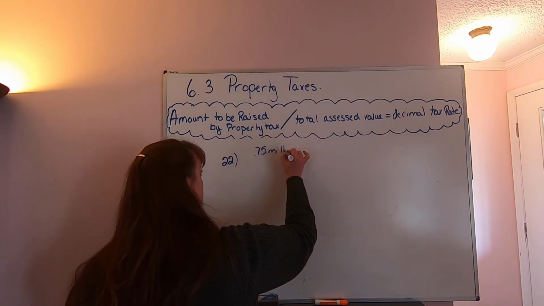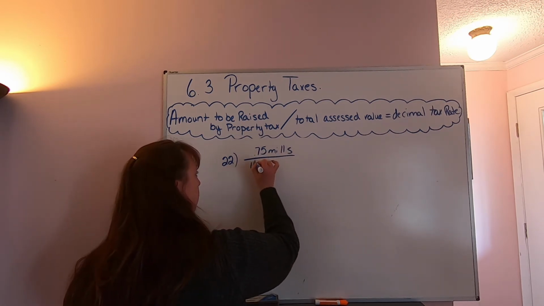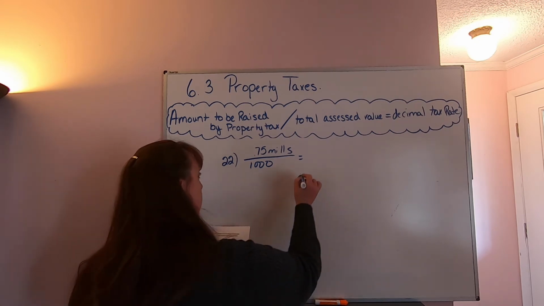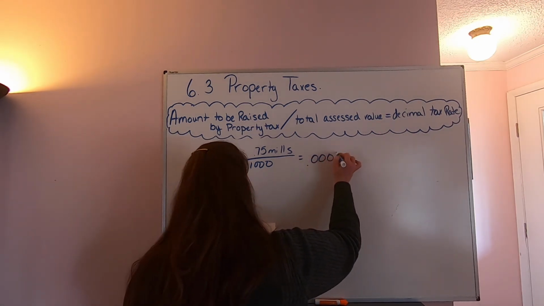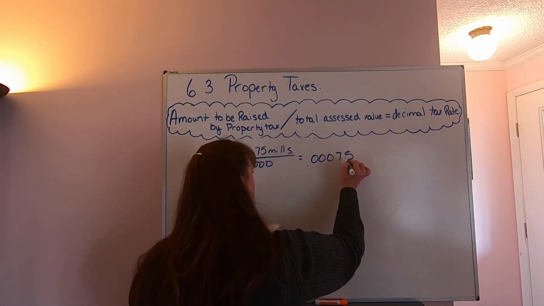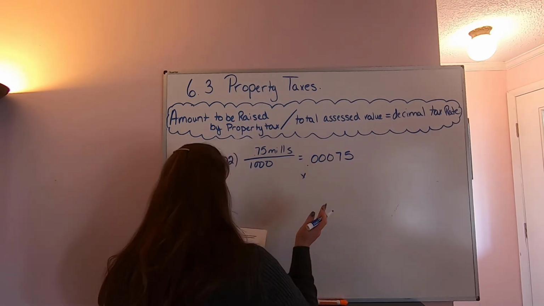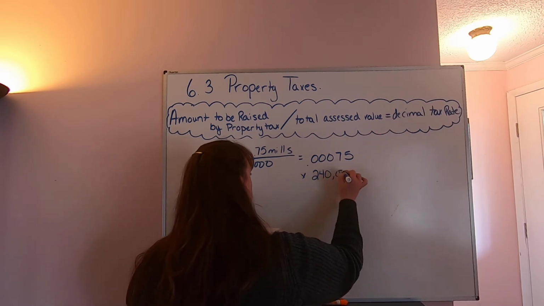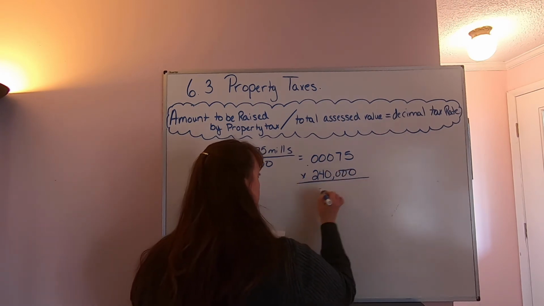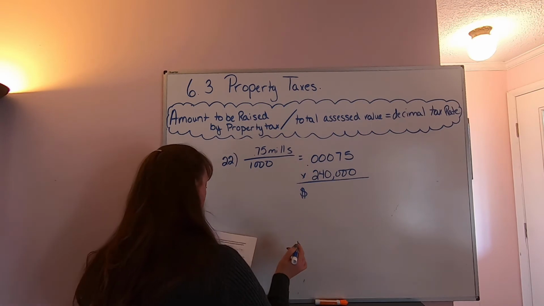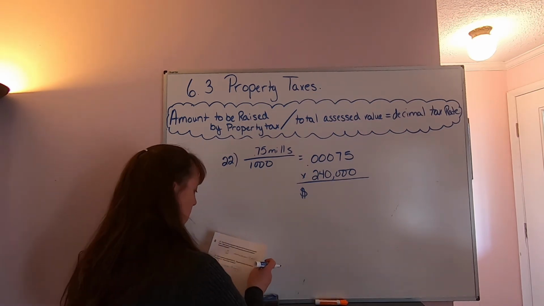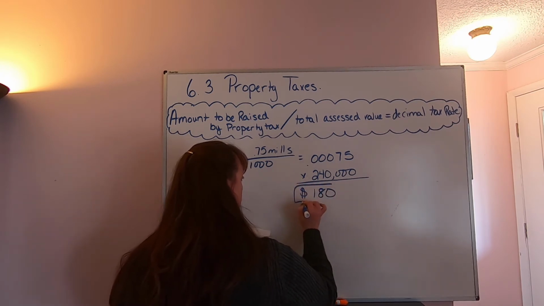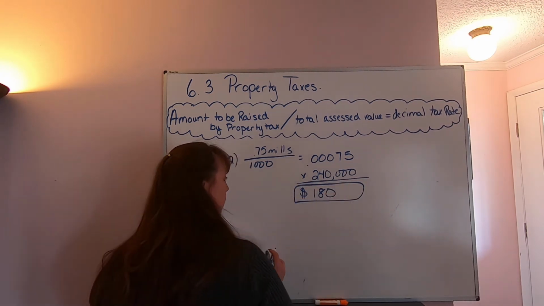We're going to divide it by 1,000. Gives us our taxable rate of 0.00075, times that by the assessed value of the property, which is $240,000, gives us a tax of $180. That's our tax due.